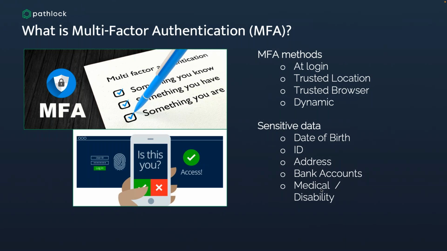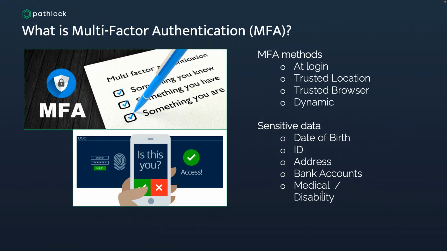But some of the MFA methods, and really multi-factor is something like your user ID and password, and something that you have. Typically that could be a phone, or something that you are, like biometric, a scan of your thumbprint or something like that. So something that you have is typically where they push that, or you have a number that you're going to enter in the screen. So that's how you prove who you are versus somebody else.